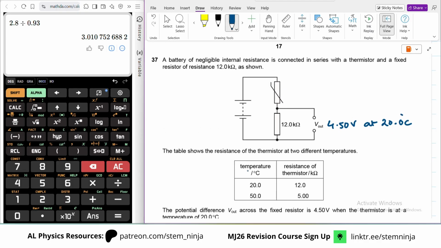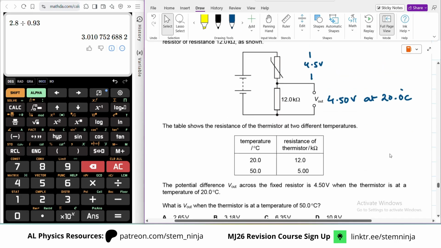So at 20 degrees Celsius, the resistance of the thermistor also is 12 kilo ohms, right? So this means that initially it would be 4.5 volts also. But we need it at 50 degrees Celsius, where the resistance is just 5 kilo ohms.